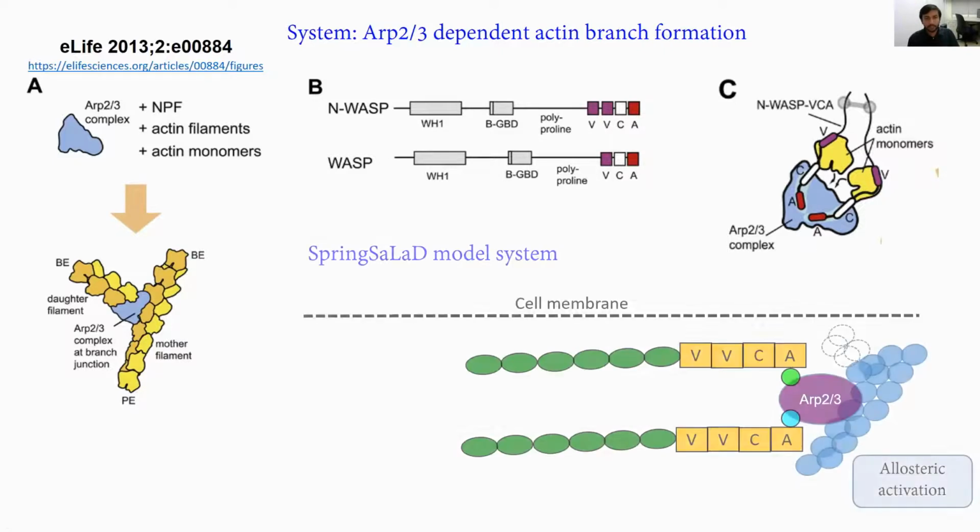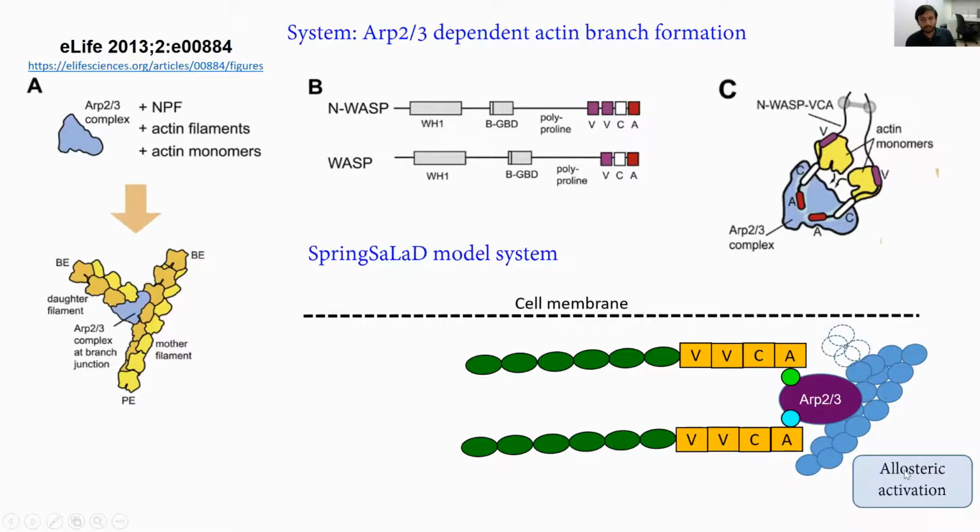Okay, so in our SpringSaLaD representation, that gets translated to this. As I mentioned before, in SpringSaLaD we always model a biomolecule as a collection of spherical sites. Here, for the sake of resolution, I'm showing you 4 different blocks, but in my model I would model this whole thing as a single sphere, okay? There's another idea here called allosteric activation.